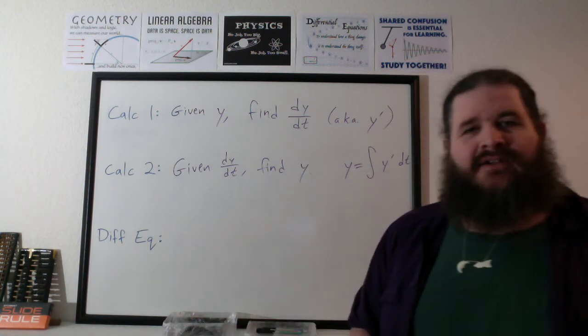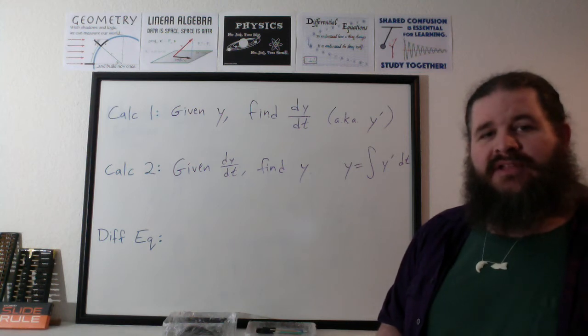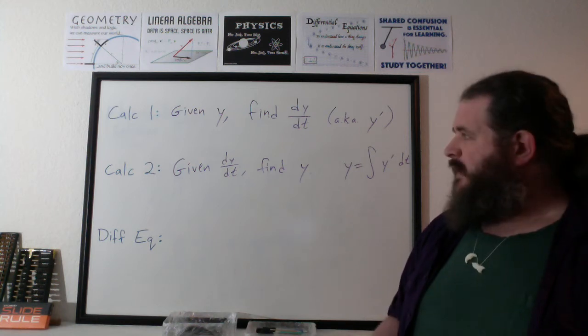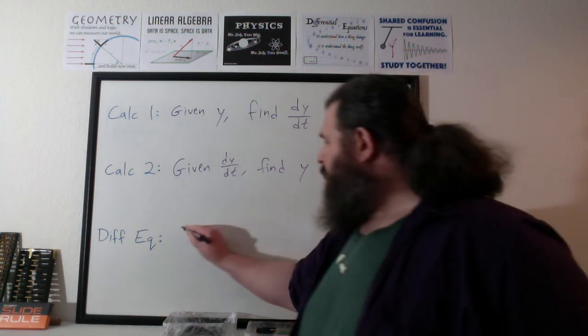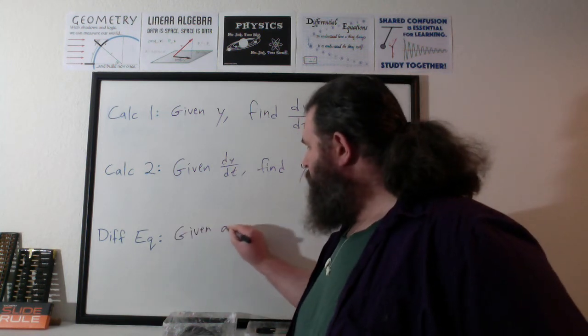Differential equations kind of combines those two approaches and complicates things a bit further. In differential equations, the idea is we don't know the function or its derivative, but we know something about how they're related.